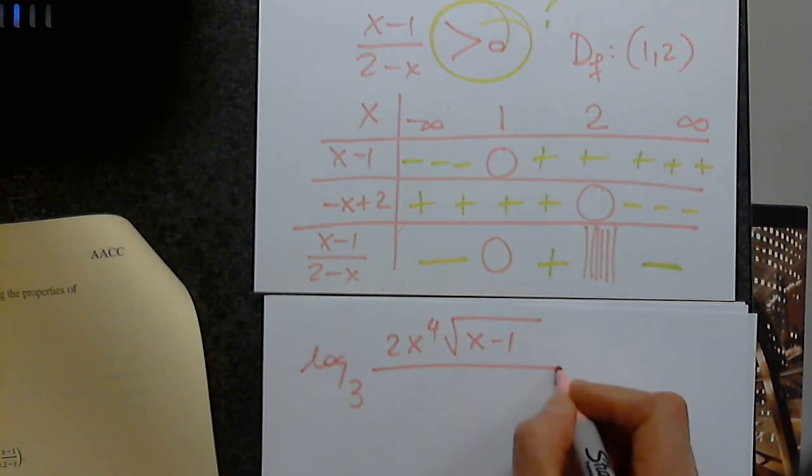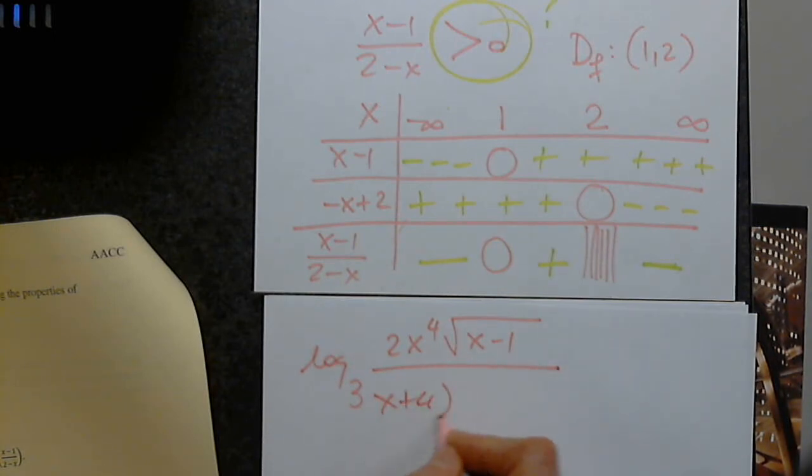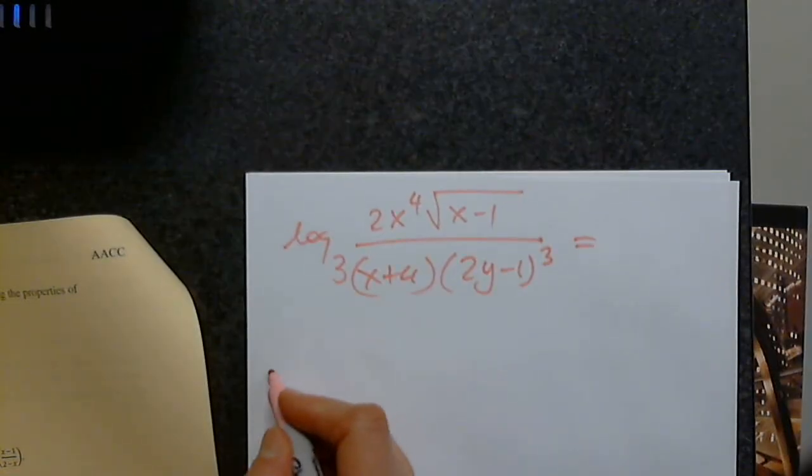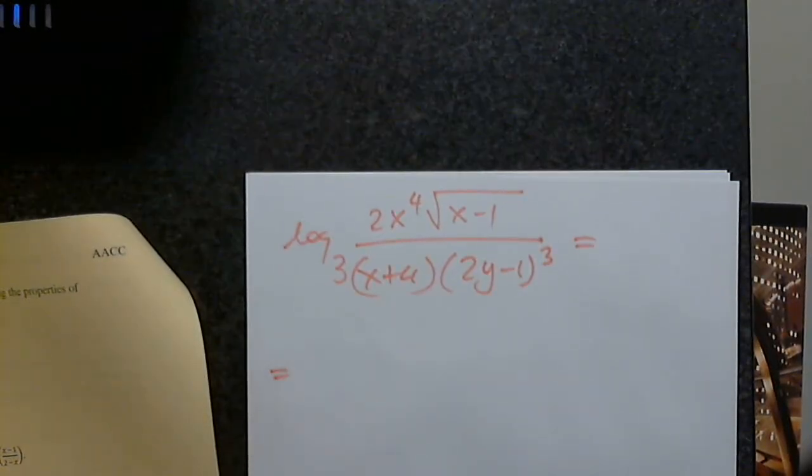So number 3, we have log base 3 of 2x to the 4th, the square root of x minus 1 over x plus 4 times 2y minus 1 to the 3rd. We're asked to expand. Let's expand.